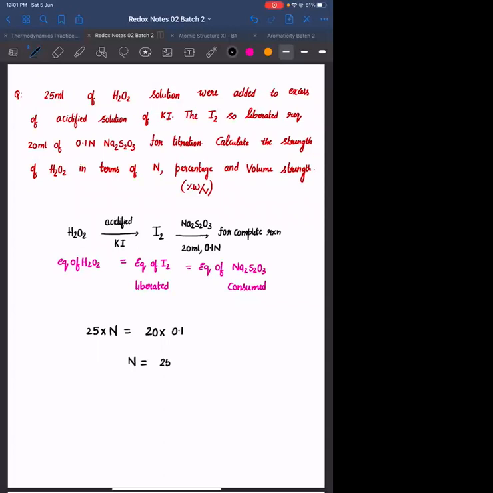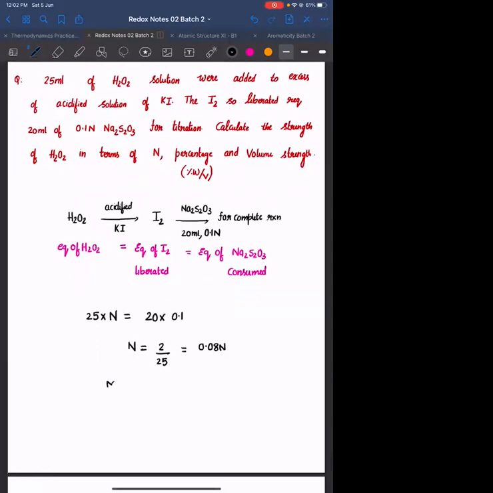So what is the normality of H2O2? It is 2 upon 25, which comes out to be 0.08. 0.08 normal. Once you get normality, molarity is equal to normality upon Z factor, which is 0.08 upon 2, 0.04.